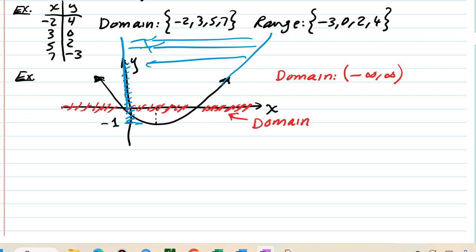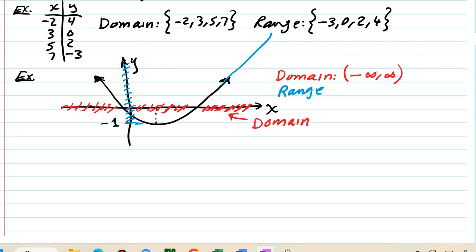So for that reason, we're going to say the range of this function is going to be from the minimum, from the low point of -1, including -1, and it extends to infinity all the way up. All right. And there you have it.